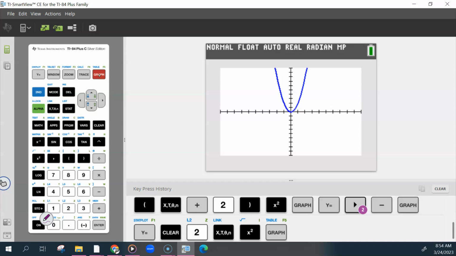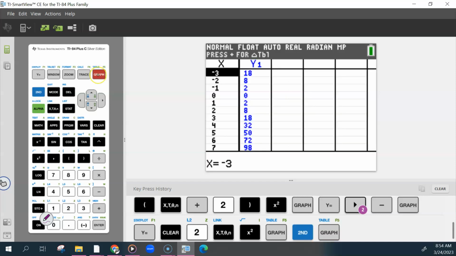Let's look at our distance. It looks narrower, sure. If we're looking at our table, it's still at 0, 0, so that didn't change, but instead of negative 1, 1, it's now at 2. Instead of negative 2, 4, it's now at 8. So it's like all your y values got multiplied by 2.